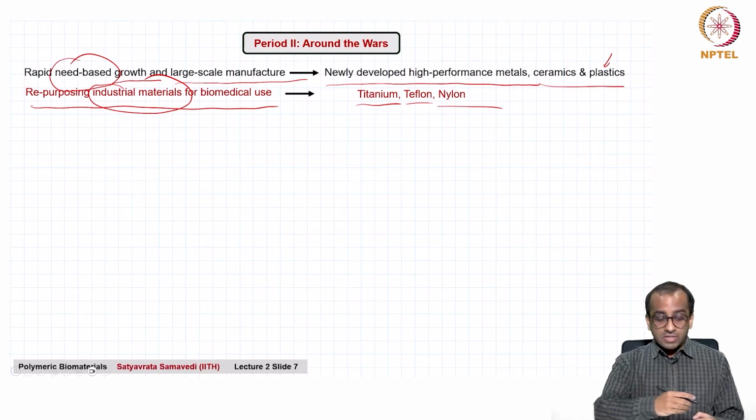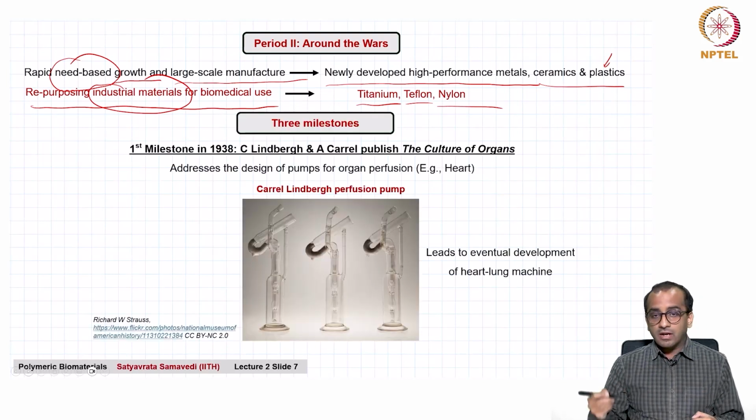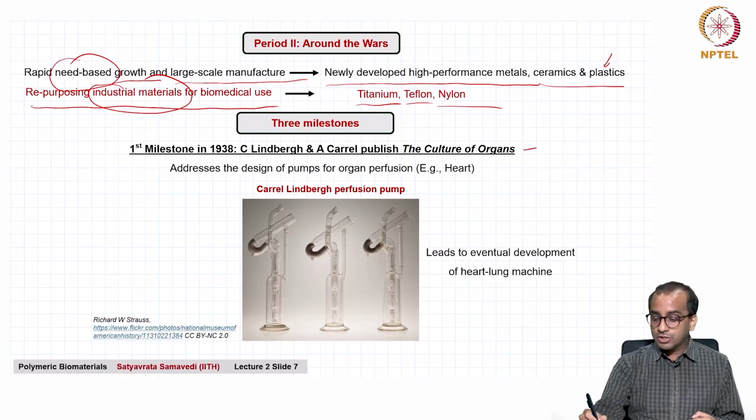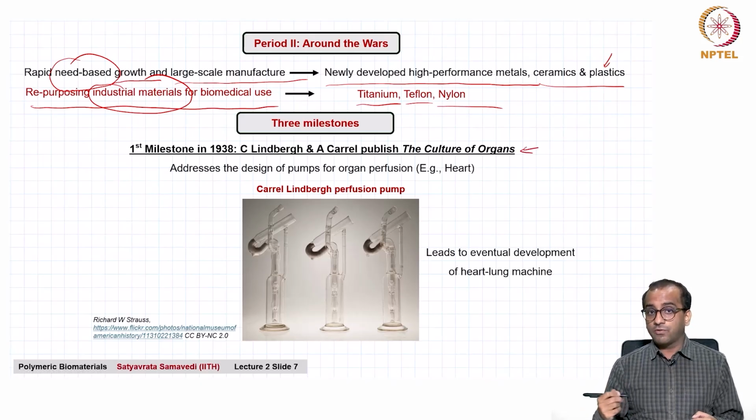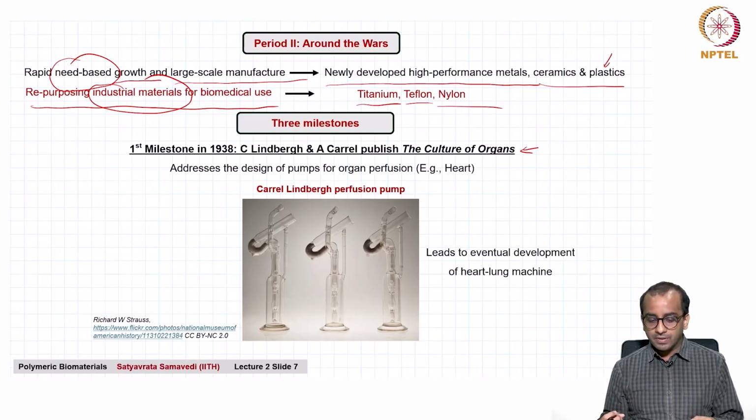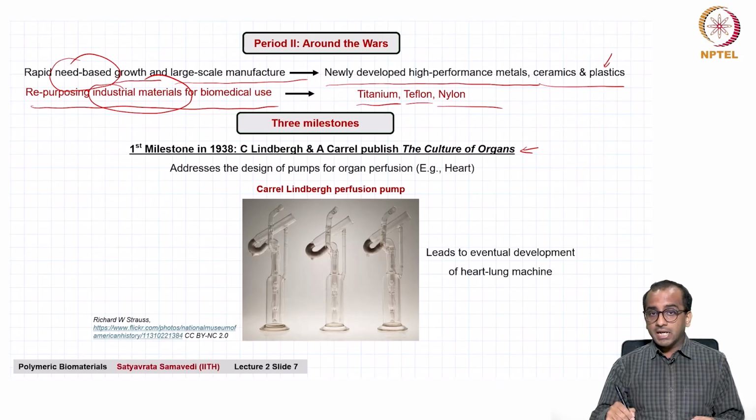And the first of those developments or milestones happened in 1938 when Carroll and Lindbergh published this book called The Culture of Organs. Now, in this book they address a lot of very futuristic ideas, but one important idea or paradigm that is of relevance right now to us is they address the design of pumps for organ perfusion.